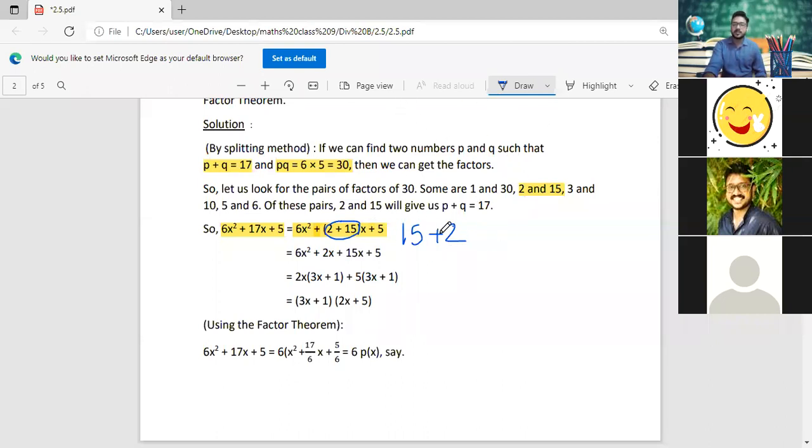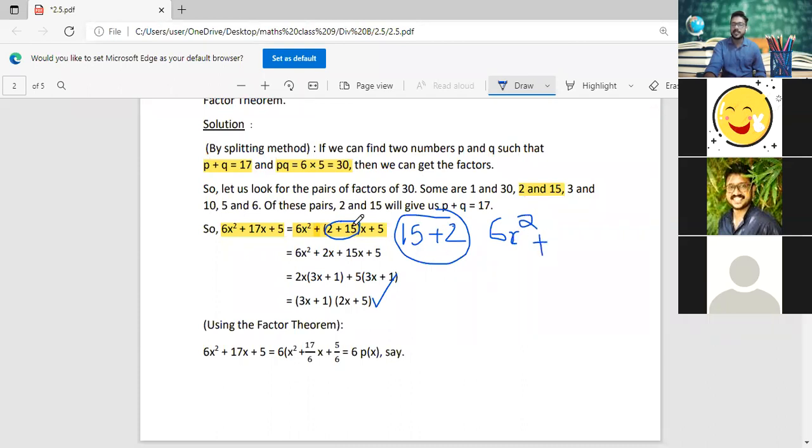So if we write 15 plus 2 instead of 2 plus 15, the same factorization will be the answer. I'll just show you, because in the last class some of you asked me this doubt. Since I am writing using this, my handwriting may not be better, but still you can read it.